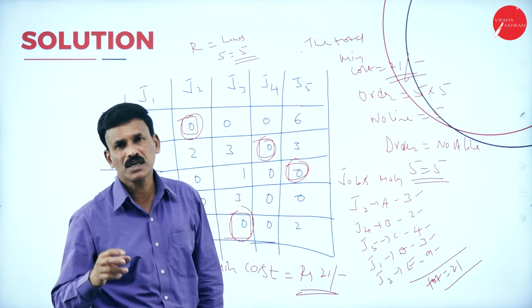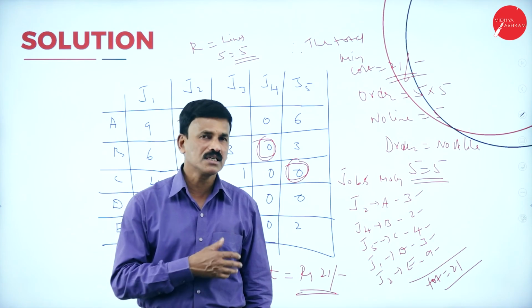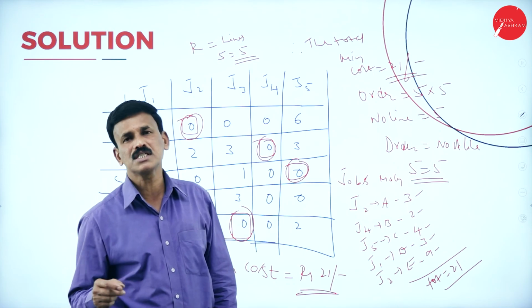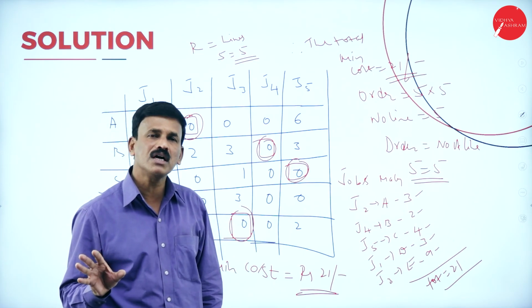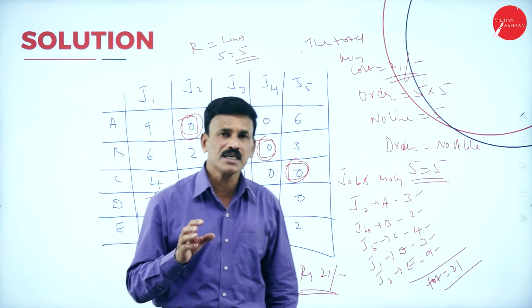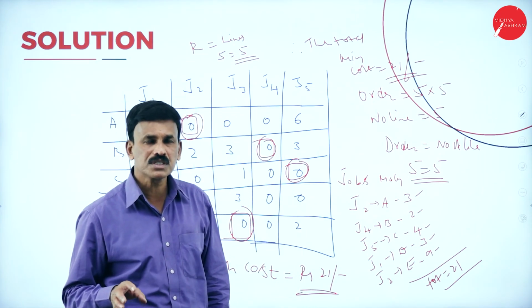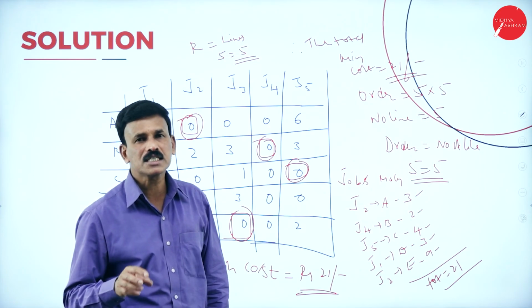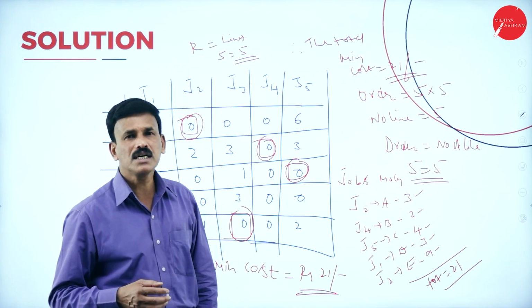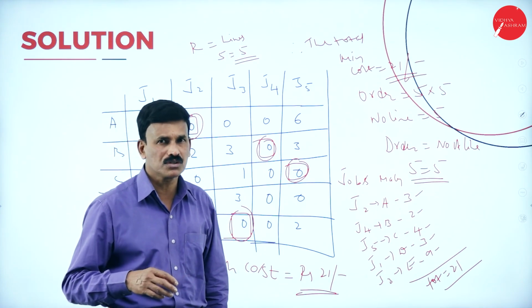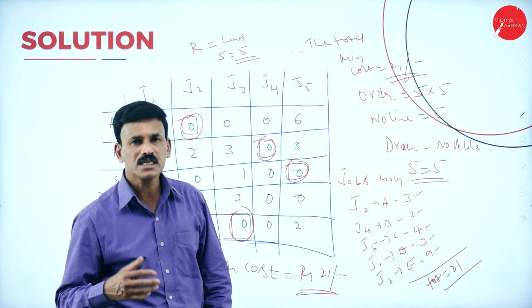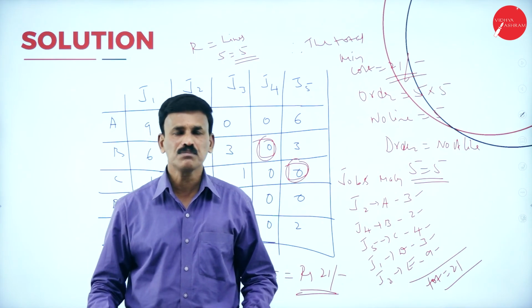If the number of lines drawn is equal to the order, then the assignment is completed. If it is not, select the least uncovered value as x, subtract that x from the uncovered values and add that x at the intersection of the lines. Then repeat the process until the number of lines equals the number of zeros identified. Then you can assign and get the solution. That is the procedure.